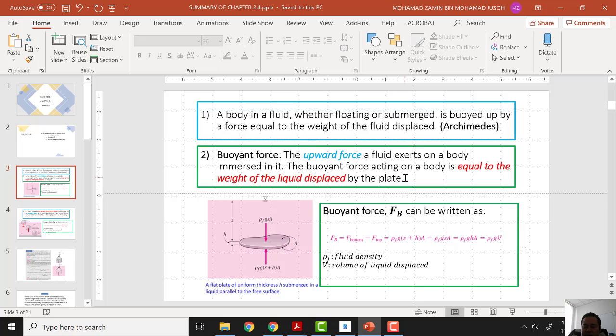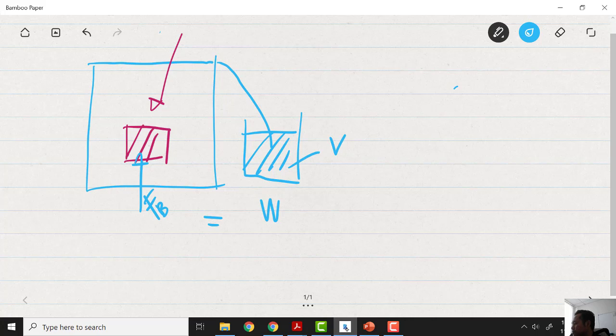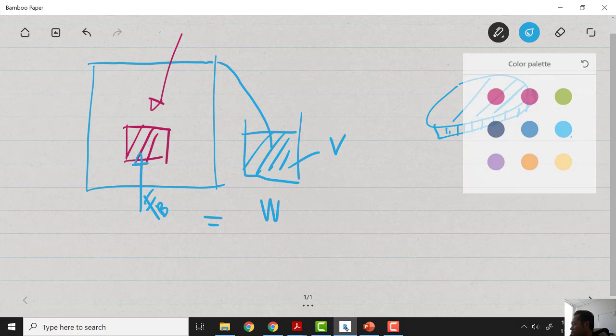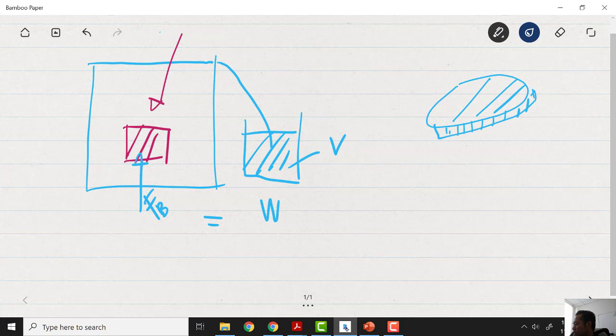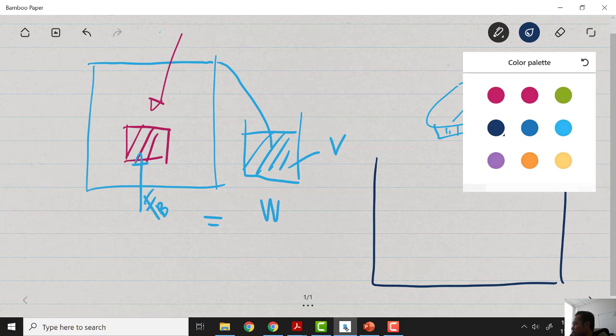For example, the example I gave before. We have a plate, and we have a tank filled up with water.